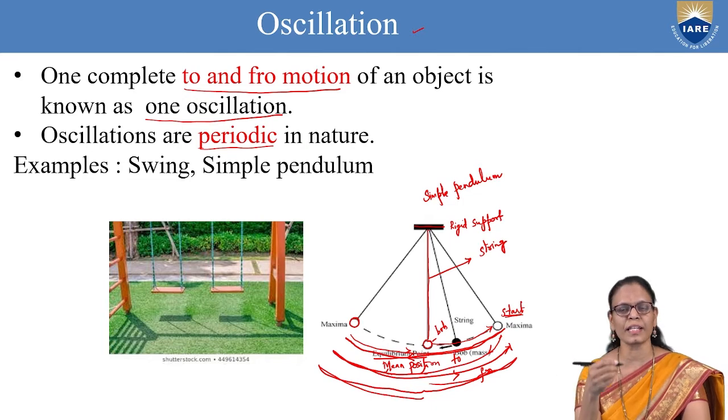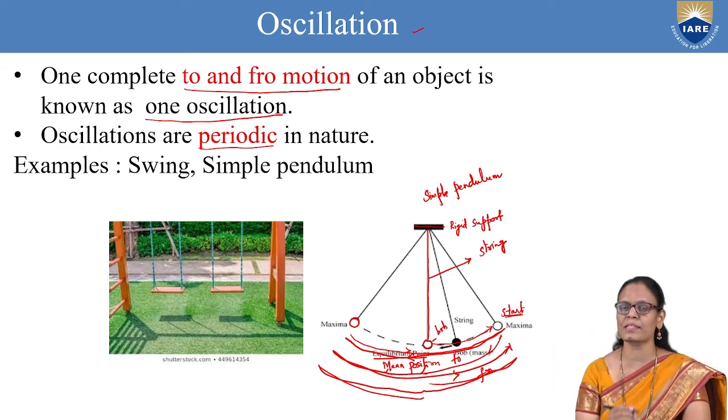Suppose the Monday first lecture you have physics. So the next Monday first lecture again it will be physics. Of course you may have many lectures in between, but they are repeating after periodic intervals of time. And also 1 hour duration, after each hour the next lecture repeats. So whatever repeats at regular intervals of time, we call it a period. So these oscillations are periodic in nature.